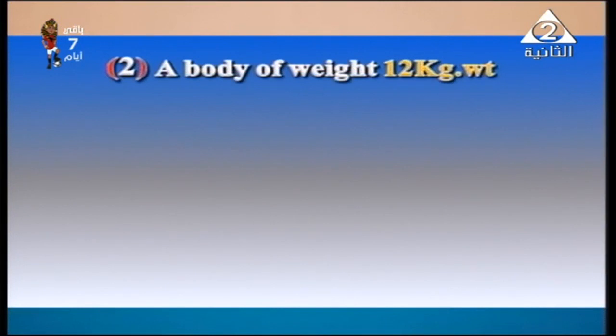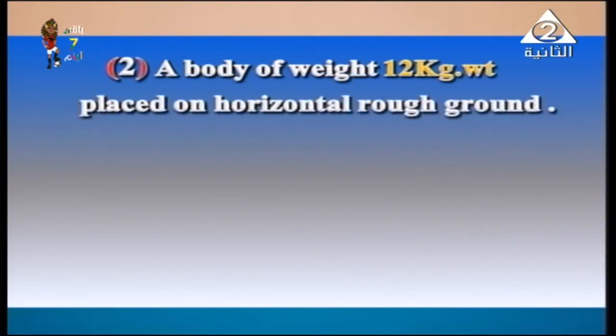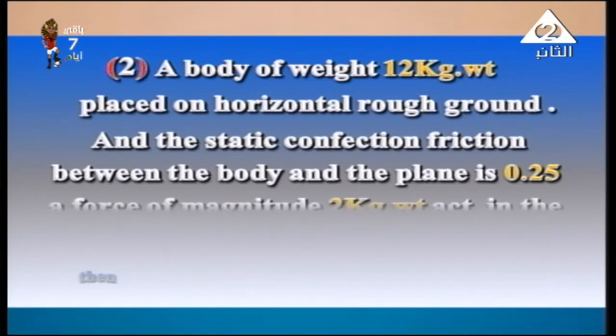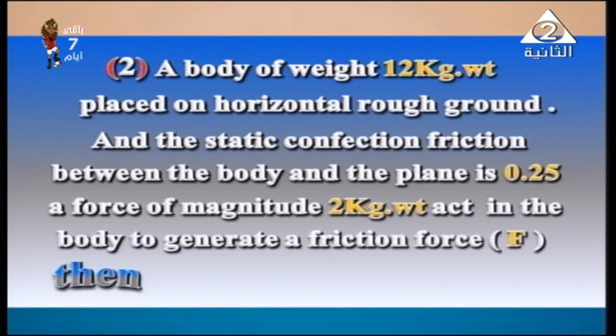A body of weight 12 kilogram weight is placed on horizontal rough ground, and the static friction coefficient between the body and the plane is 0.25, or mu equals 0.25. A force of magnitude 2 kilogram weight acts on the body to generate a friction force F. My dear student, we have a body of weight 12 kilogram weight placed on horizontal rough ground, and the static friction coefficient between the body and the plane is 0.25.